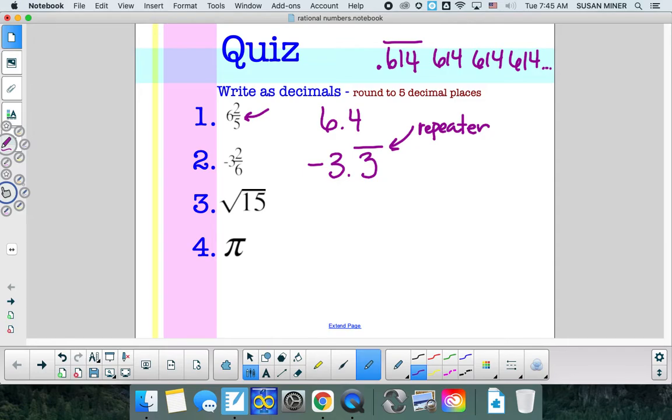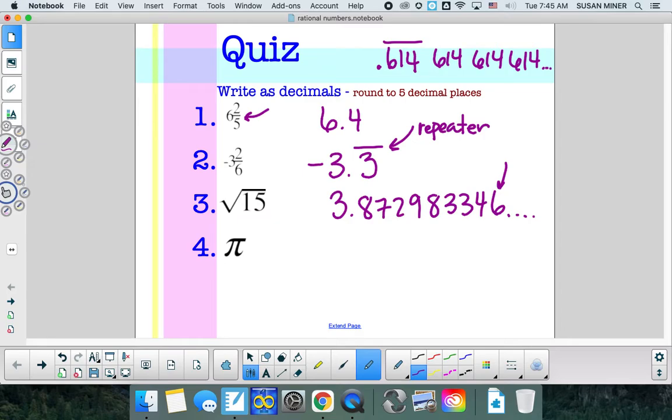And if I hit enter, I get the decimal approximation 3.87298334 6. And then normally my calculator will round off that number because it doesn't fit on the screen. This is a decimal that just keeps going on and on and on. It never stops. It never repeats.